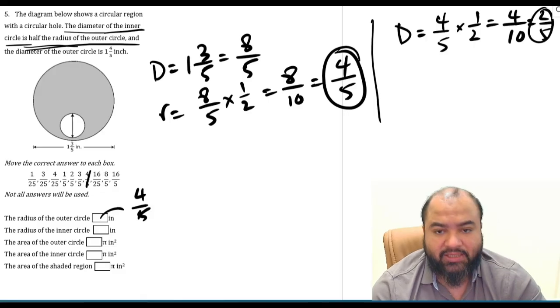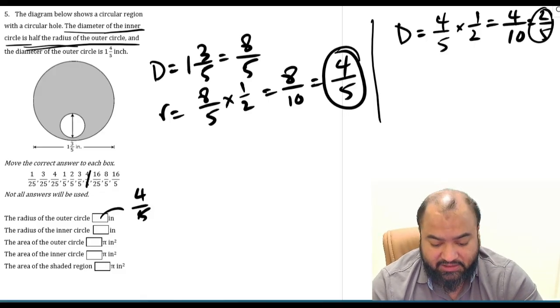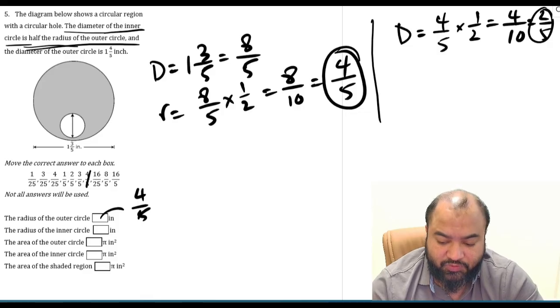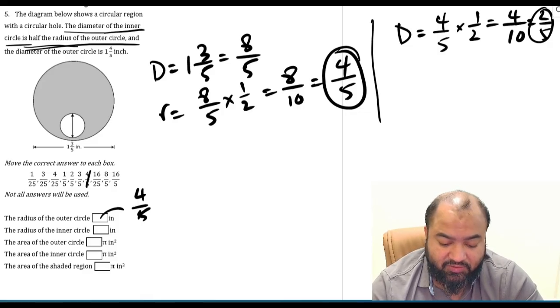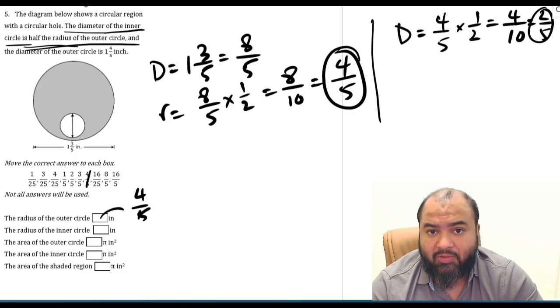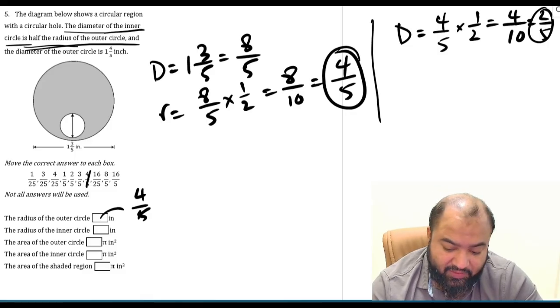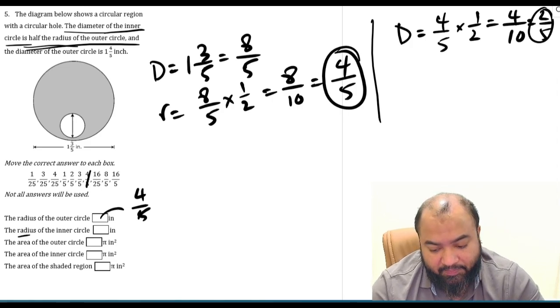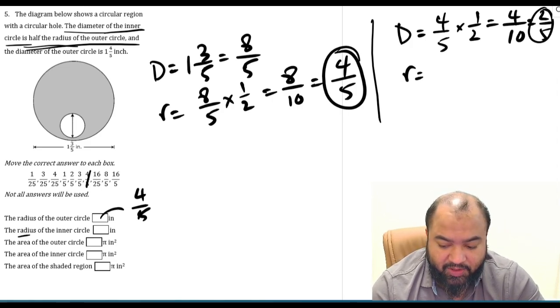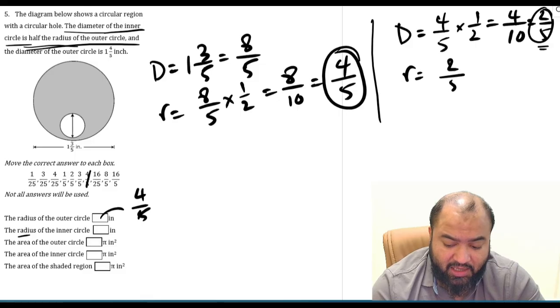These are the kind of tricks you should be good at for the SHSAT. They will try to use words to make you confused. So 4/5 was the radius of the big one, but for the smaller one, the diameter is half that. But the question is asking, what is the radius of the smaller one? The radius of a smaller circle will always be half of its diameter. I just have to do half again.